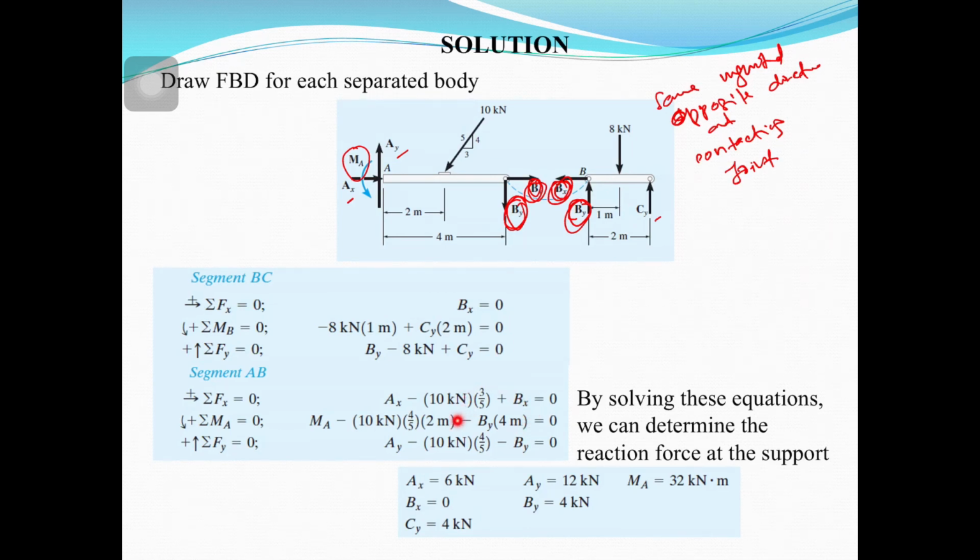Alright. When you get the value of By, we need to find it later. Right. So when we solve this, we get the answer. As what, Bx is what, Cy is what, and moment is what. Alright.